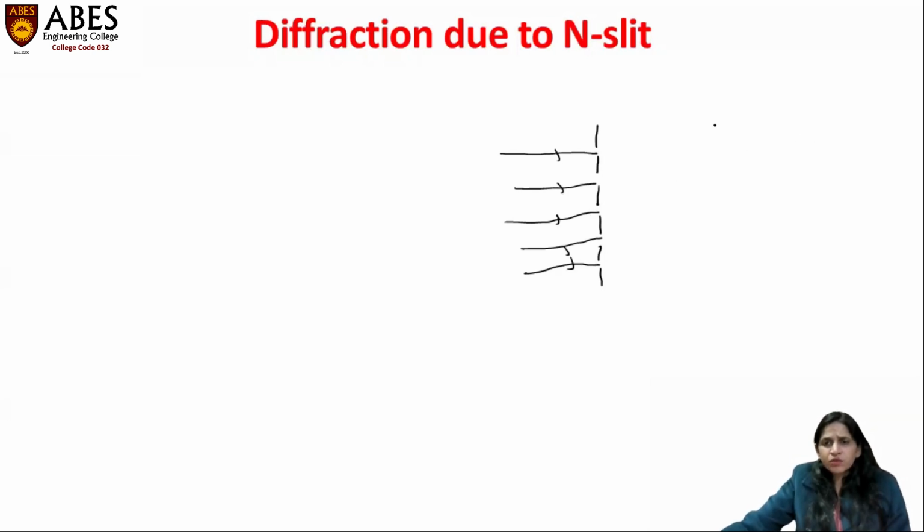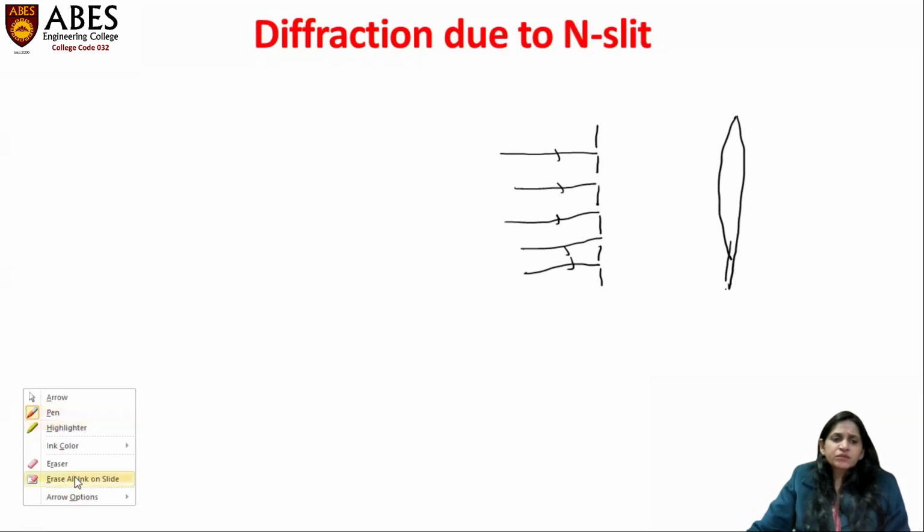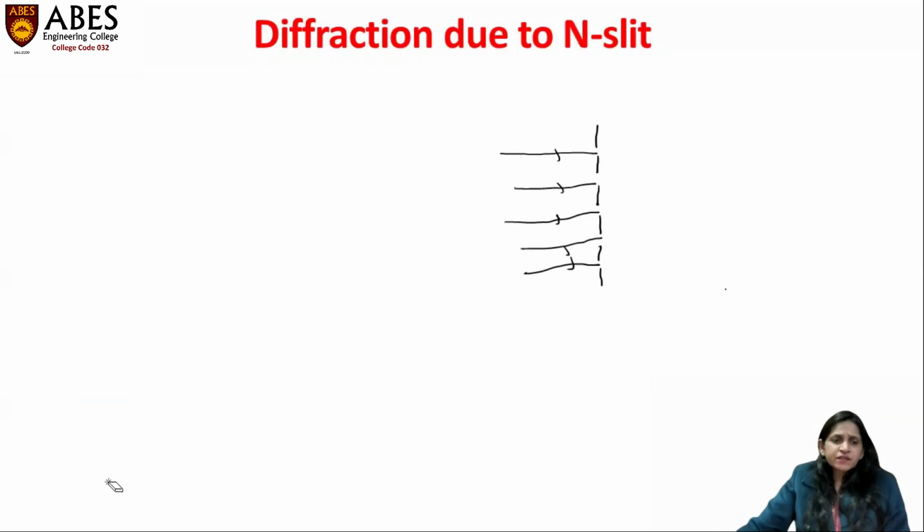Now over here, suppose there is a lens kept. In our case, that lens is of the telescope by which we can read the diffraction pattern.